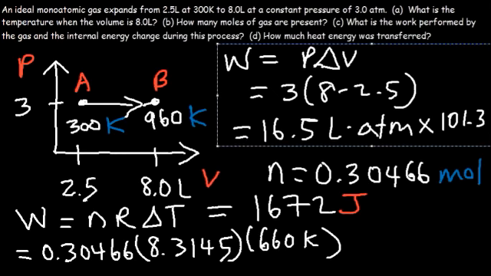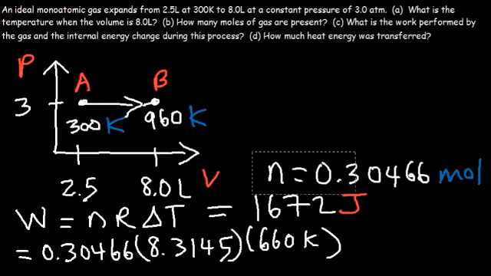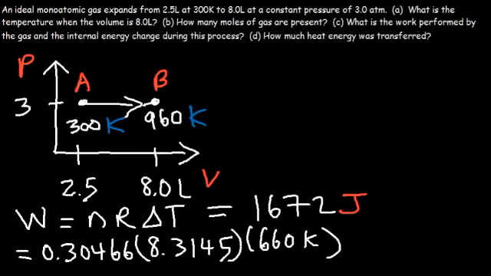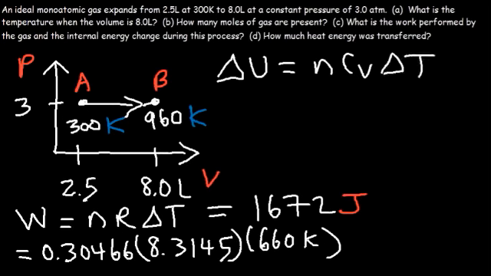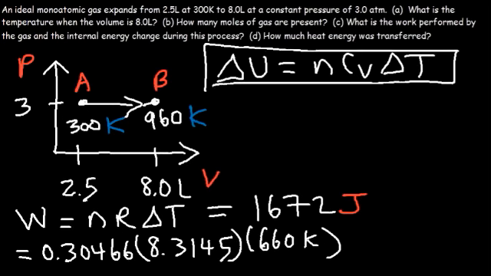Now, how can we calculate the change in the internal energy of the system? To do that, the equation that we need is delta U is equal to n Cv delta T. This is true for any process, so make sure you keep this equation in mind.